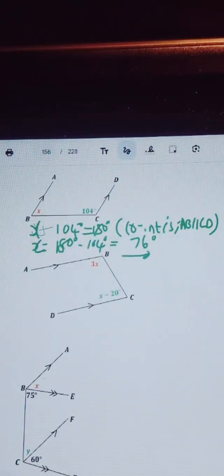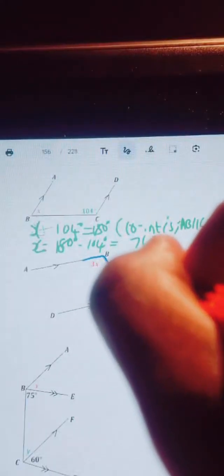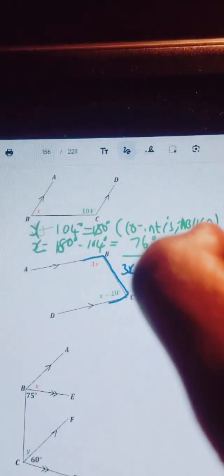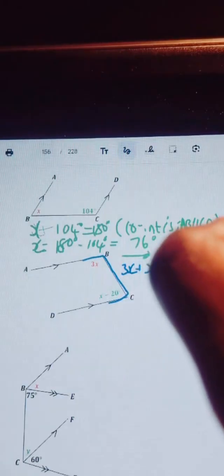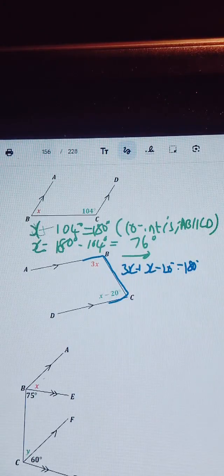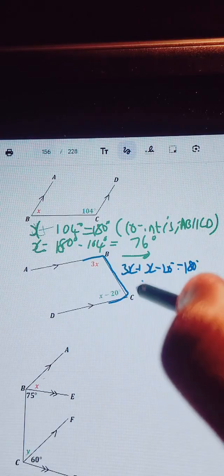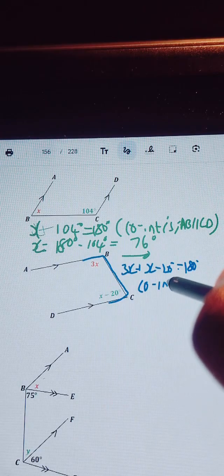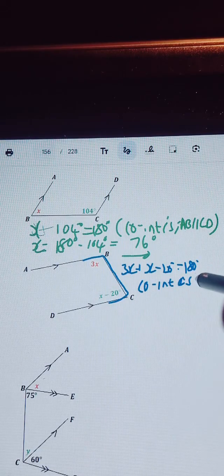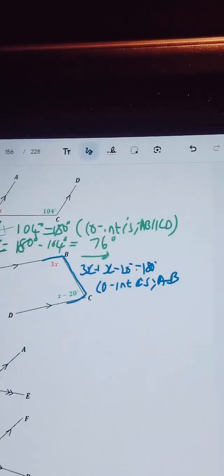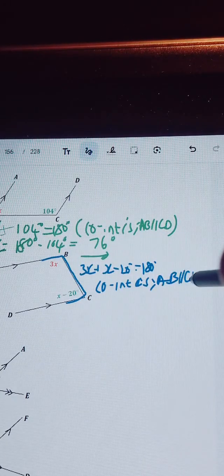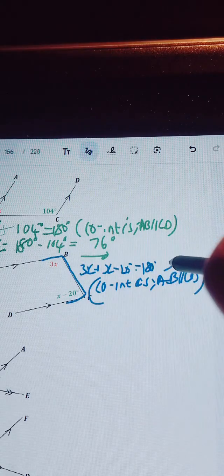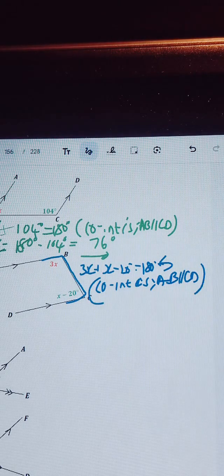Then the next one, U shape again. 3x plus x minus 20 degrees equal to 180. Reason: co-int angles, AB parallel to CD. That statement, reason follows that statement.